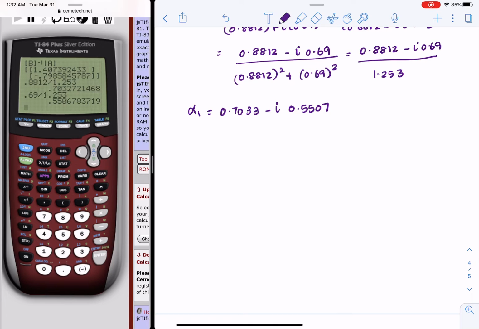So if alpha 1 is 0.7033 minus i times 0.5507, naturally alpha 2 would be equal to 0.7033 plus i times 0.5507. Here I'm going to call that a and I'm going to call that b.